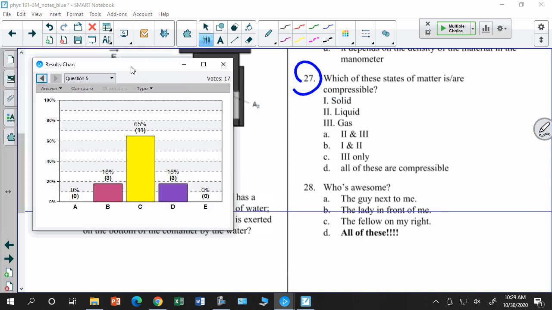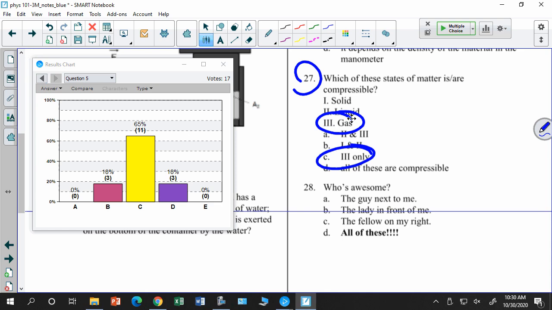Okay, remember we said that among fluids, all fluids are materials that flow, that's liquids or gases. Those that are compressible are gases, and those that are incompressible are liquids, right? All liquids are incompressible. So if I'm looking for a compressible material, that's going to be 3 only, so just the gas.